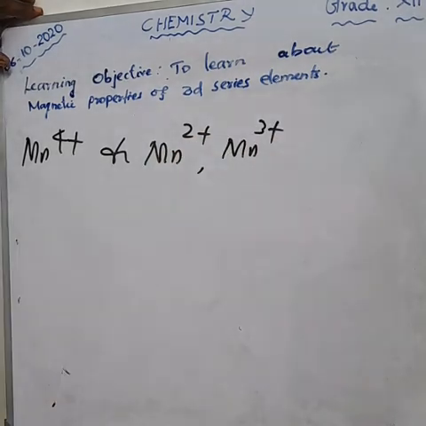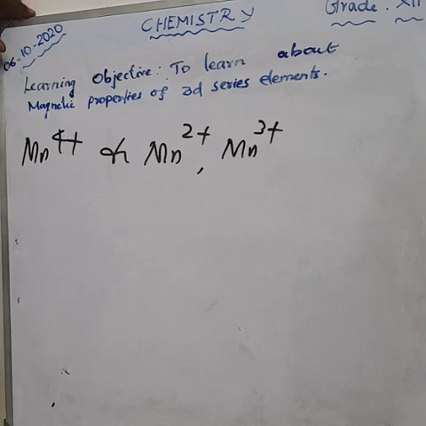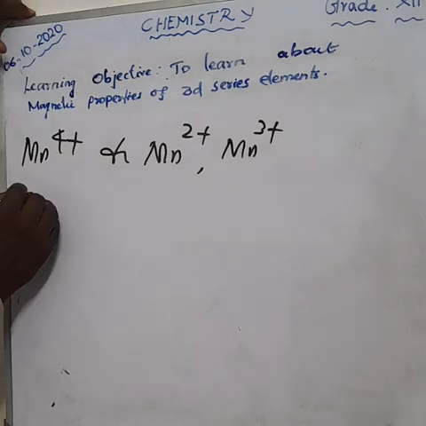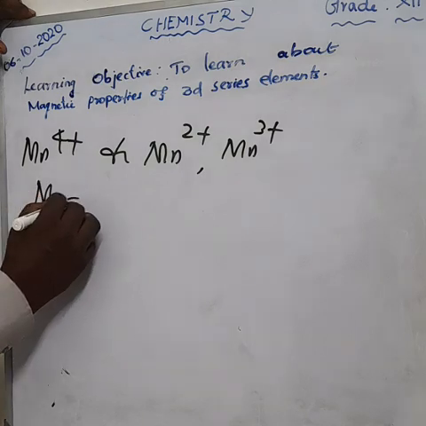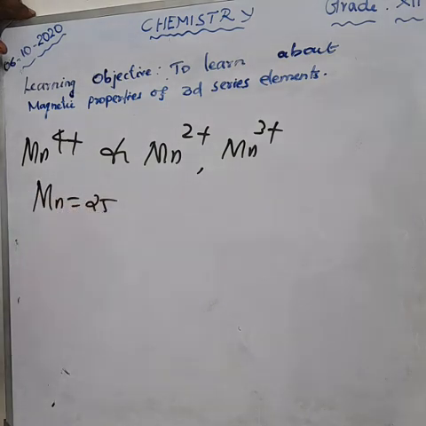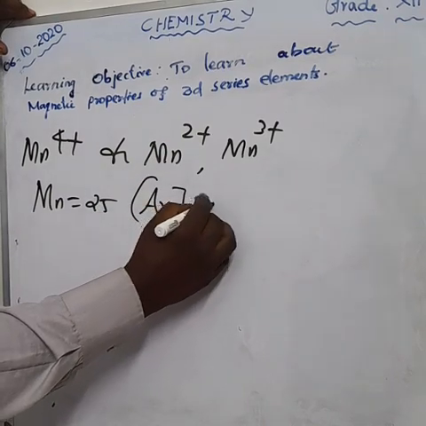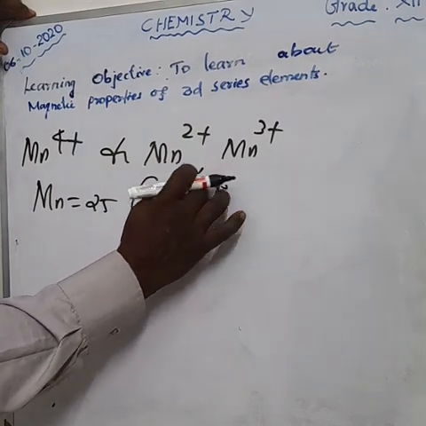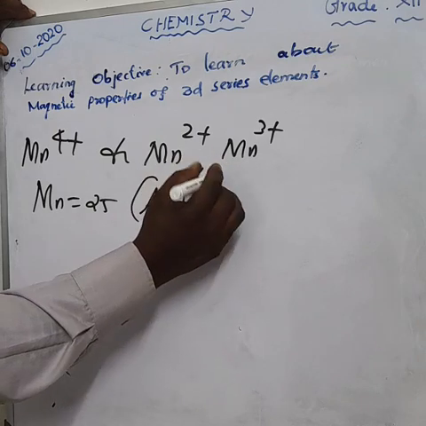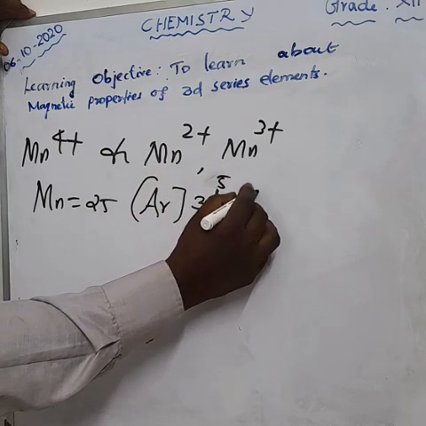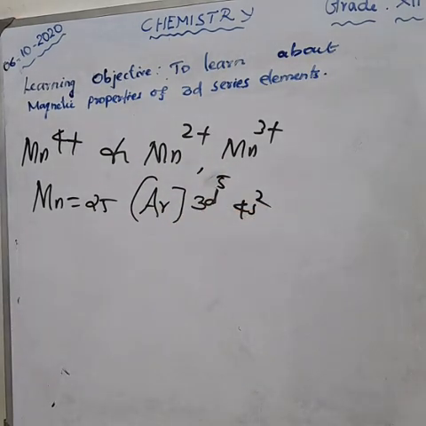So you should write the electronic configuration of manganese. Atomic number of manganese is equal to 25. So what is the electronic configuration? Argon 3d5 4s2.